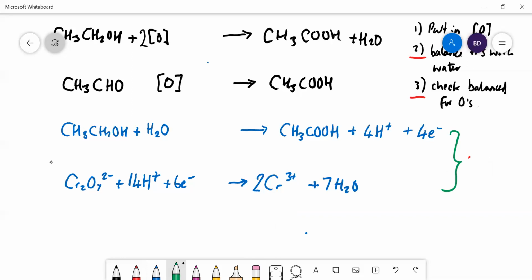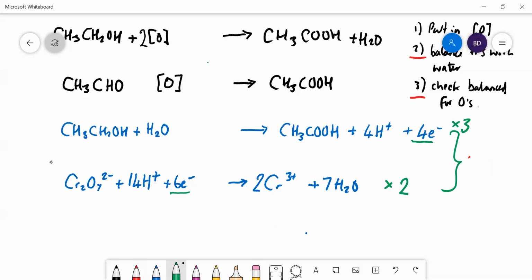There's 4 electrons being lost here and 6 being gained here, so you'd times this one by 3 and this one by 2, and your electrons would balance.